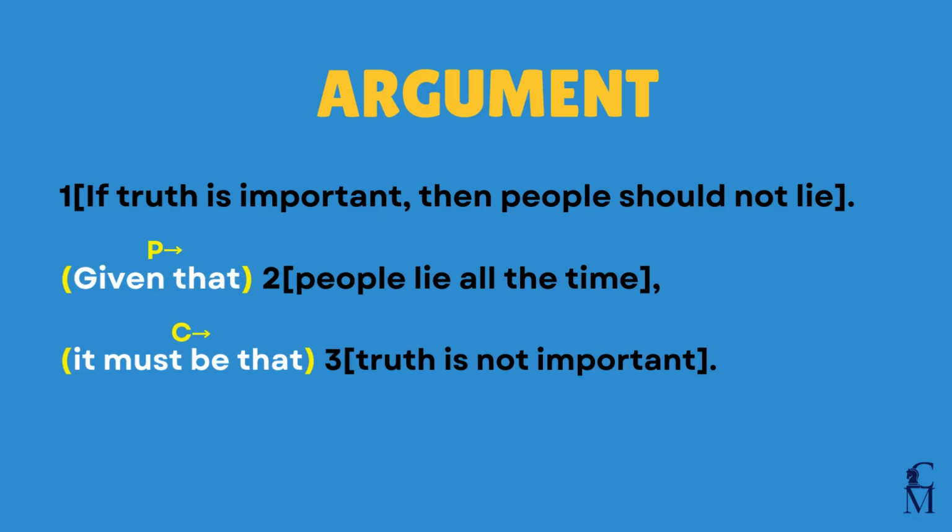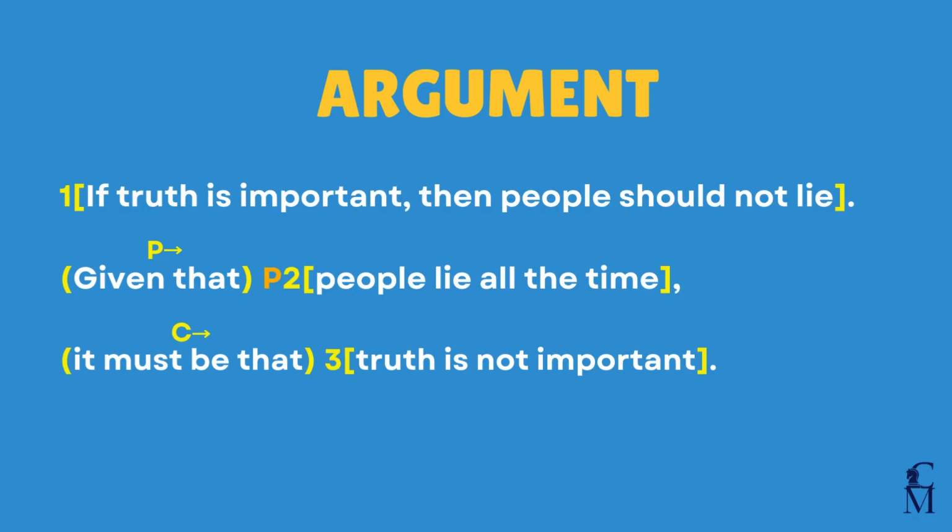Now we can use the premise and conclusion indicators to help us identify at least some of the premises or conclusions in an argument by placing a P in front of any statement that is indicated by a premise indicator to be a premise, and by placing a C in front of any statement that is indicated by a conclusion indicator to be a conclusion.